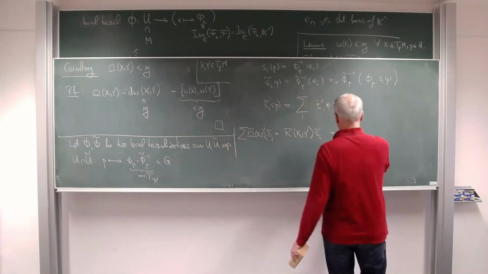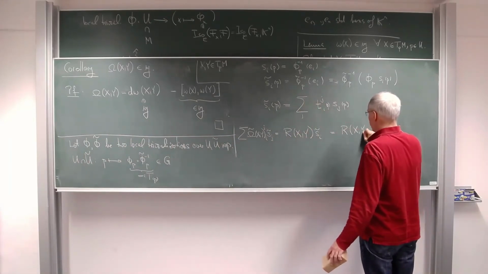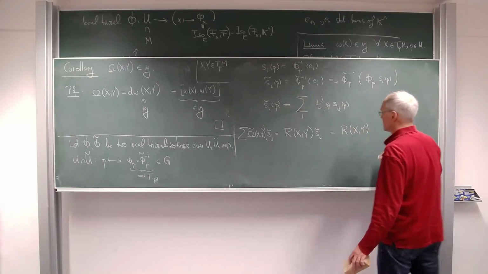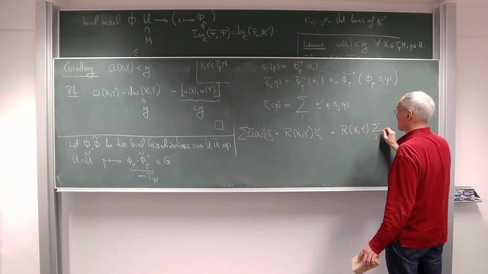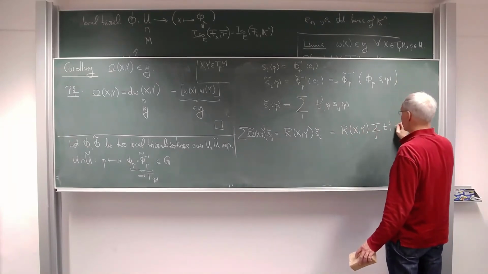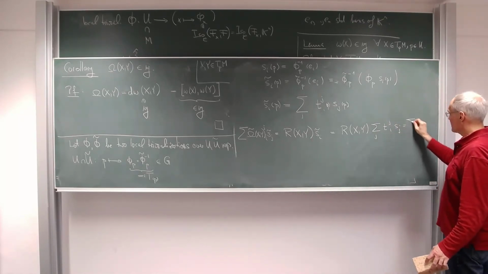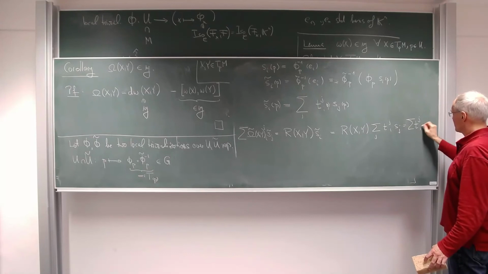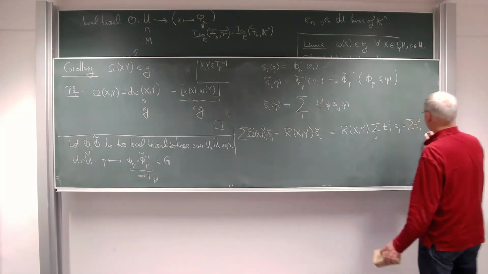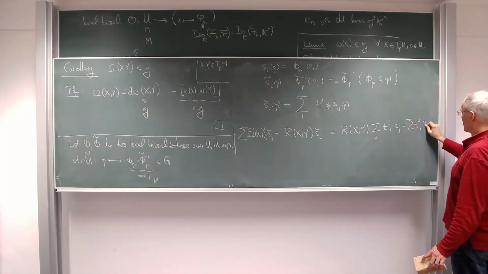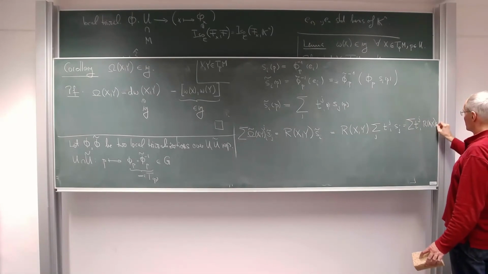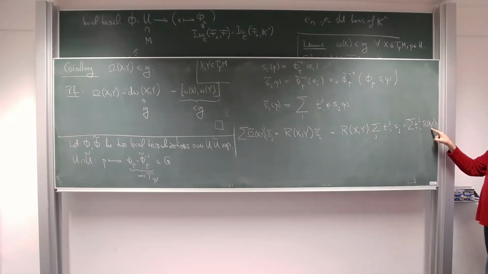Now this is R(X,Y), and here I can insert this sum. By linearity, this is the sum of R(X,Y) s_j, and this I can express in terms of the omegas.